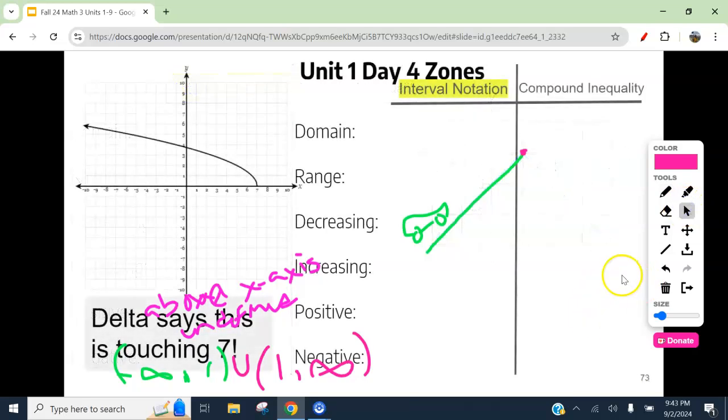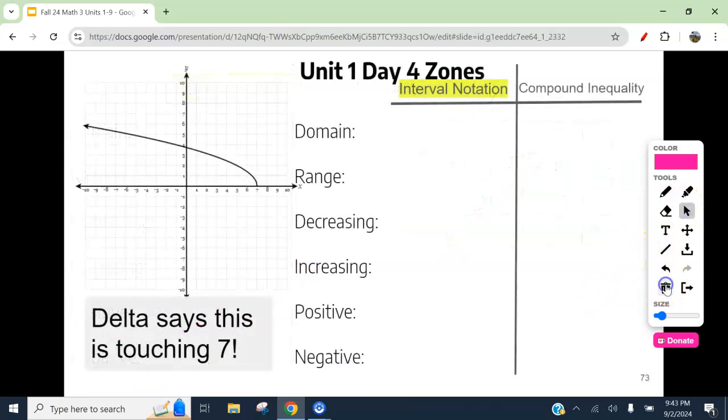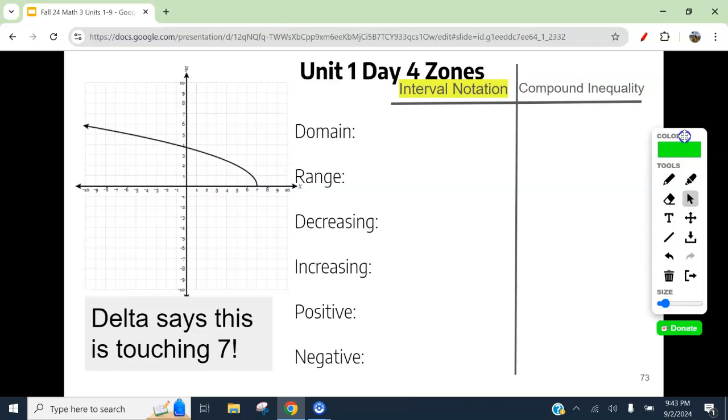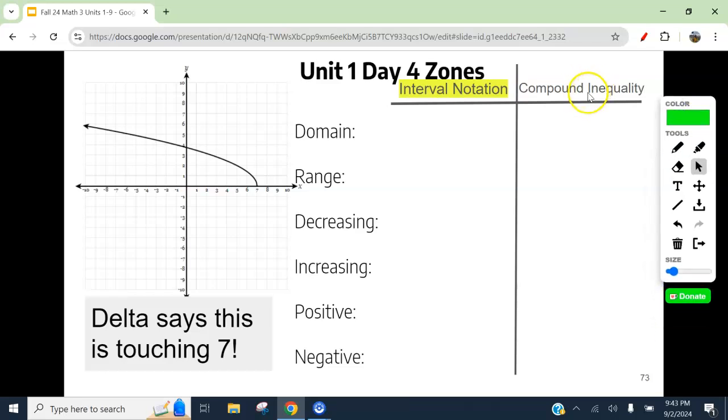All right, let's try some out of a different picture. So delta type of example, we are doing interval notation specifically. I'll probably mention compound some. If you click on delta explanation, it's going to give you this version, but I'm here to teach interval notation. So in the domain, how far left to right?